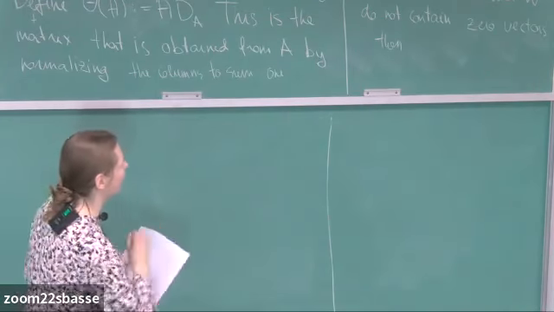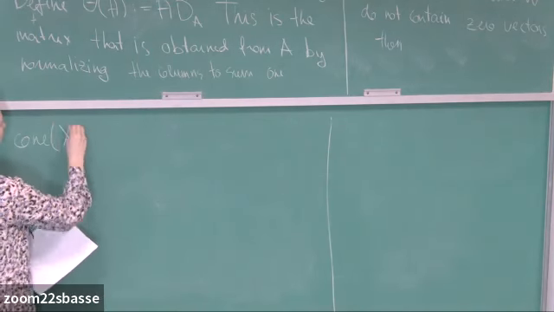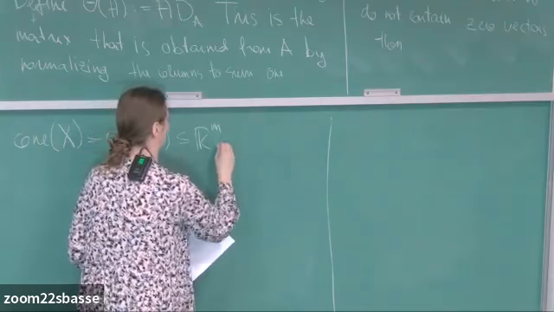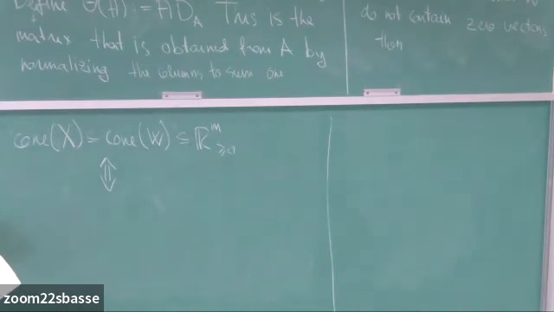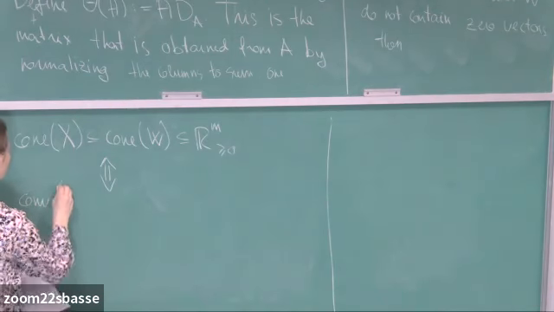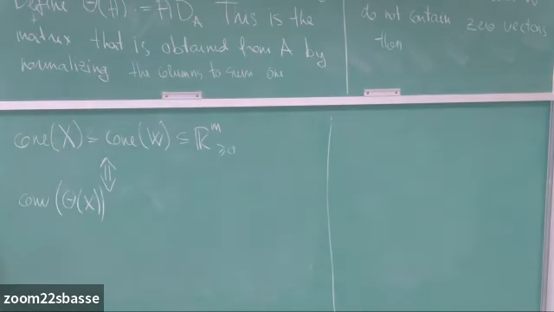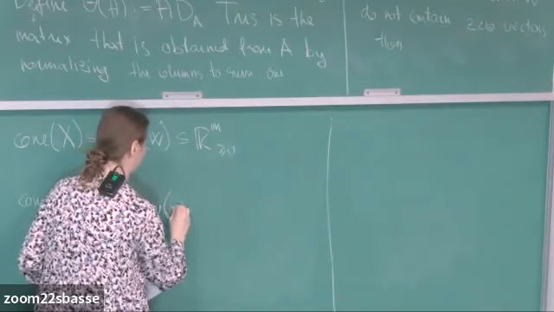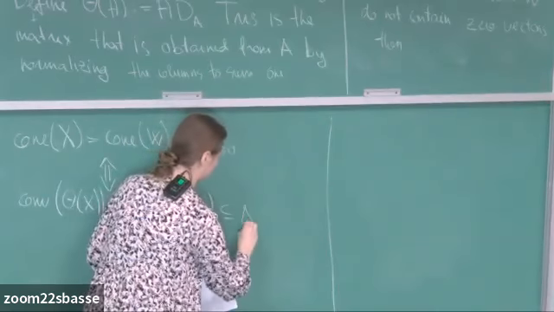Okay, so we stop there. If X and W don't contain any zero vectors as columns, then one can show that our nested cones problem, this inclusion of cones, is equivalent to the following nested polytopes problem, where we replace X by theta X, just using the operation that we introduced, where we scale the columns of X. And here comes the unit simplex.